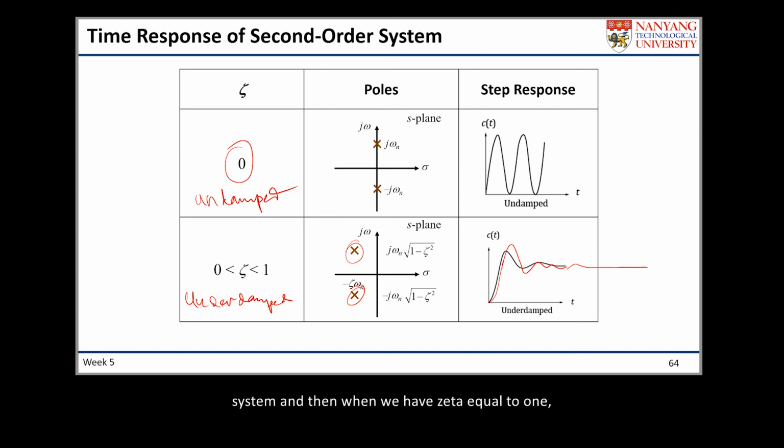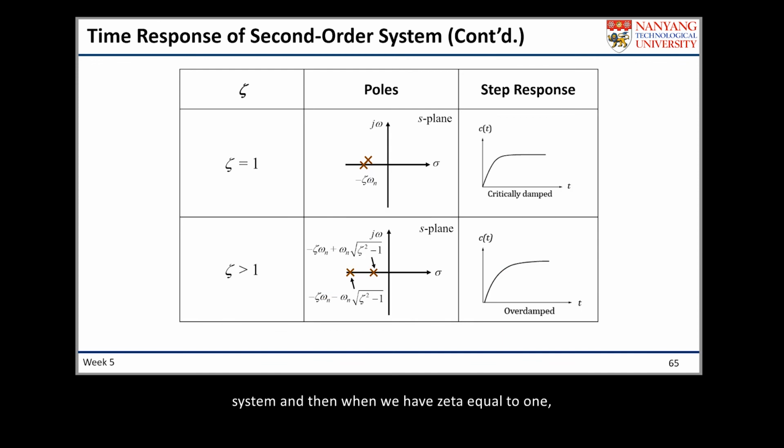And then when we have zeta equal to 1, this is when we have critically damped system. We will have two identical poles on the real axis. This is the first time we will get non-oscillating response when we increase the damping ratio zeta. The last one is when we have zeta greater than 1.